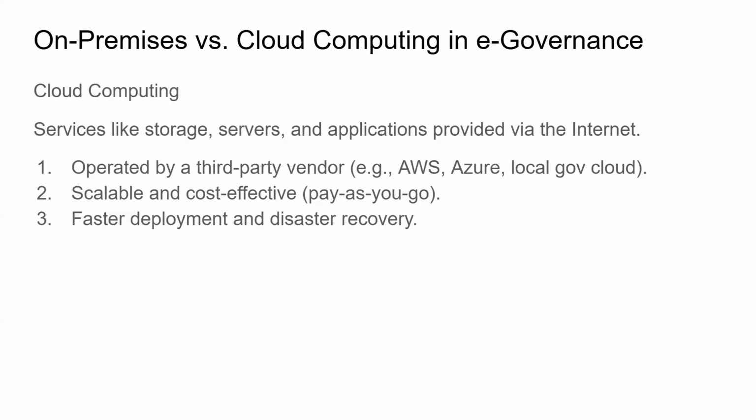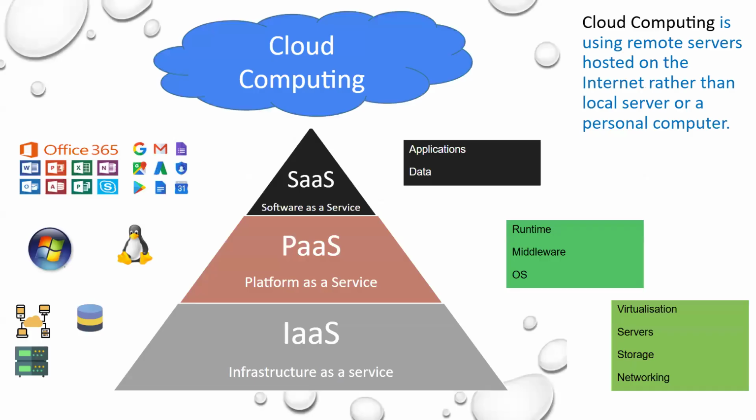Right, now this is the basic idea about on-premises versus cloud computing. Cloud computing means we are getting computing resources, not only hardware. I will explain in the next slide, right? We can say cloud computing is getting computing resources from the cloud.